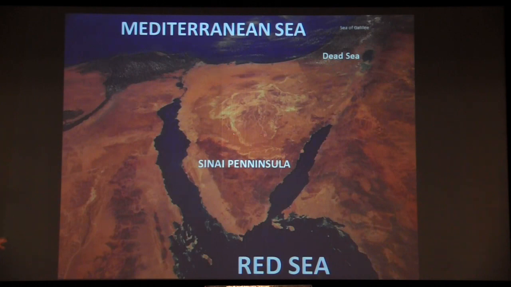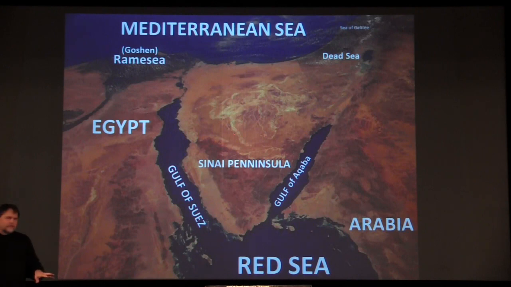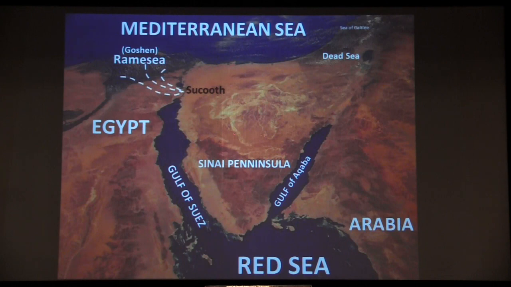This is a satellite image. And then you have the Gulf of Suez, the Gulf of Aqaba, and Arabia's over here, Egypt's over there. You've got Goshen or Ramses. So we're talking about the Exodus. So there's Succoth, and when everybody was coming out of Goshen, they went to Succoth that first night.